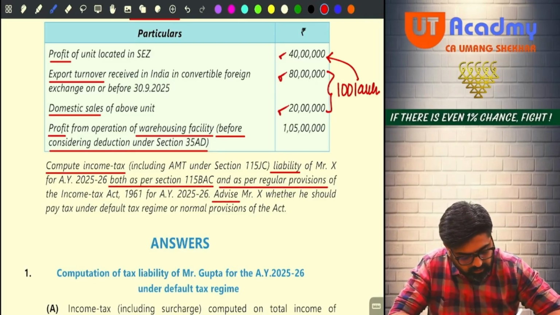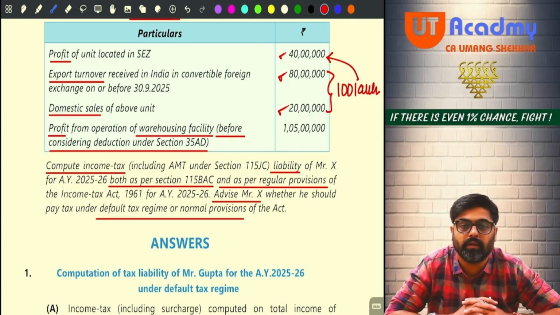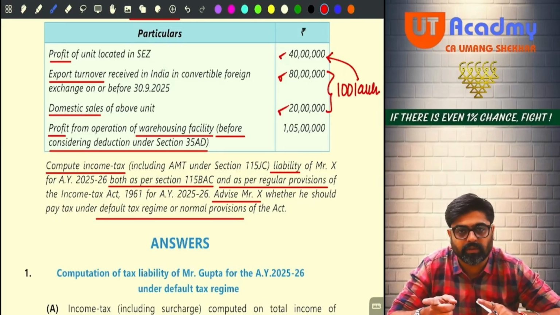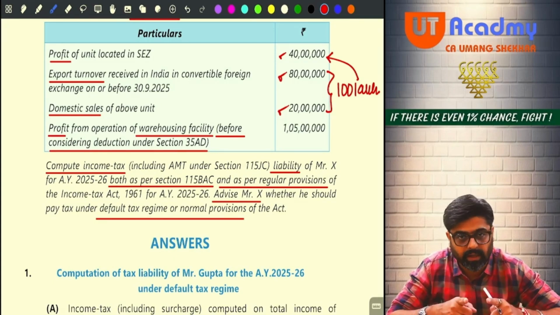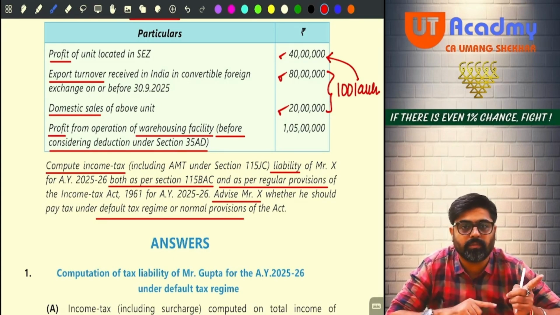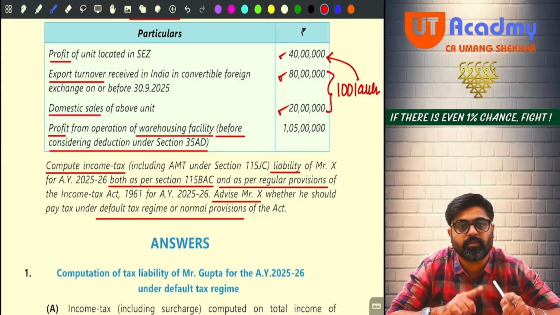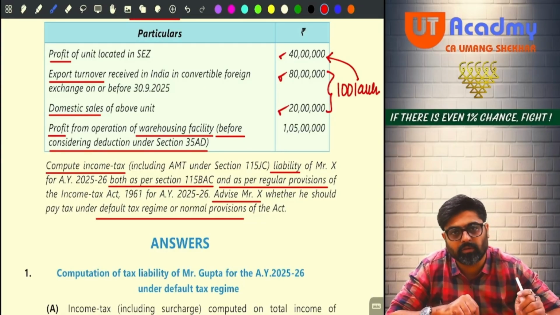Advise Mr. X whether he should pay tax under the default tax regime or normal provisions of the Act. Now first you'll have to calculate the profits as per normal provisions. Calculate the tax on that. Then again you are supposed to calculate the profits as per 115BAC. Calculate the tax on that.